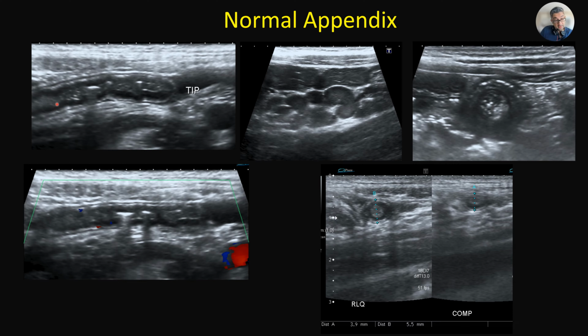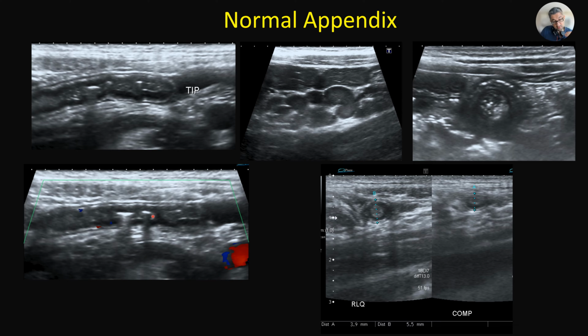Another normal appendix. There is content but also thickening of the lamina propria, so there is lymphoid hyperplasia, and there is some fluid around the tip of the appendix, enlarged or reactive lymph nodes, and small bowel intussusception. So there's lymphoid hyperplasia confirming the findings in the appendix.